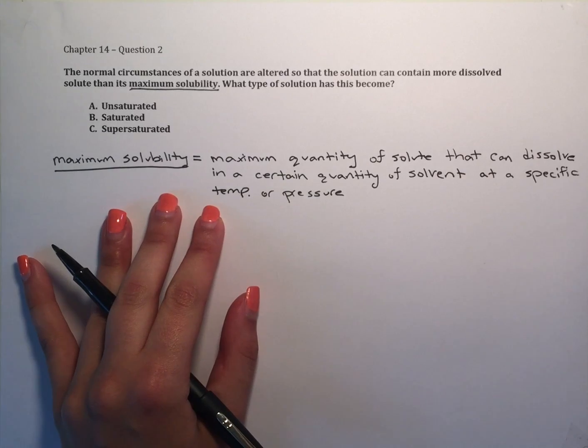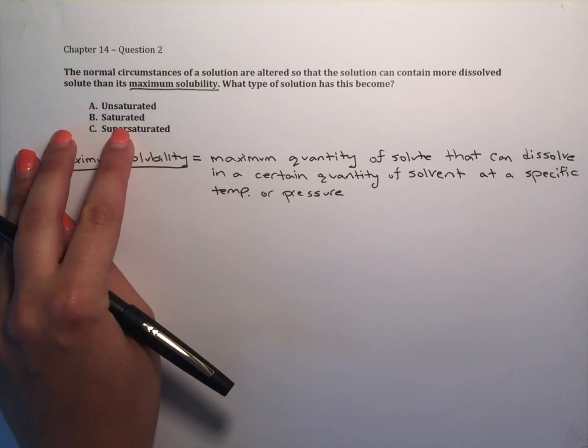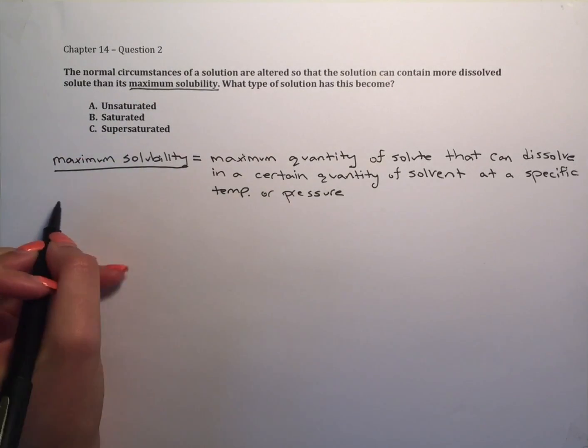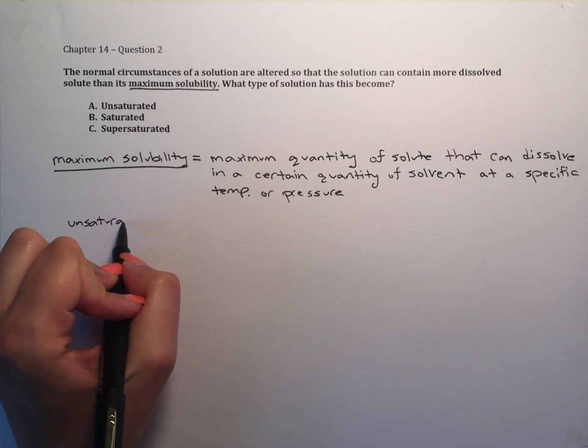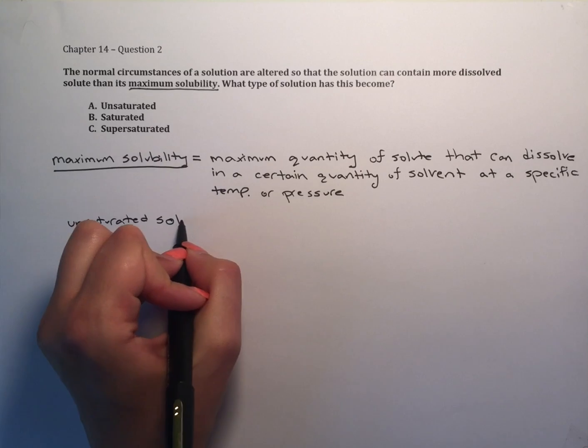So now that we have defined maximum solubility, let's go about defining our three answer options. So let's begin with unsaturated. And we'll just write solution to make it a little bit more clear.